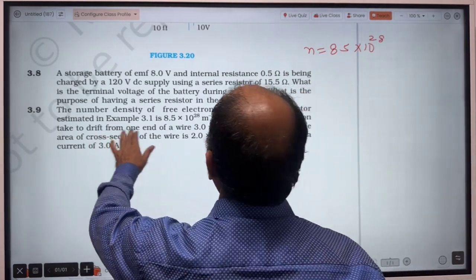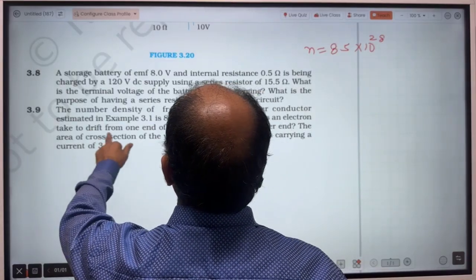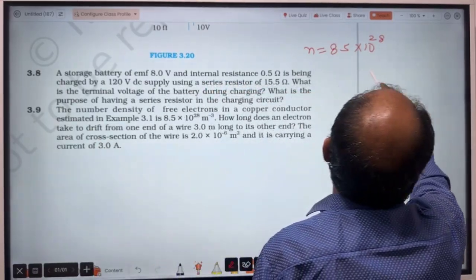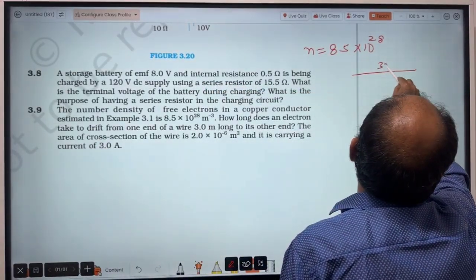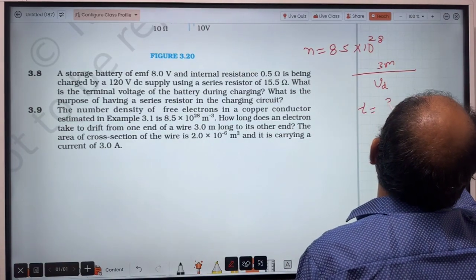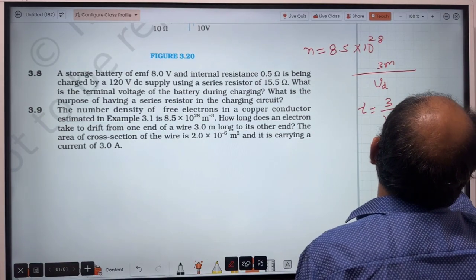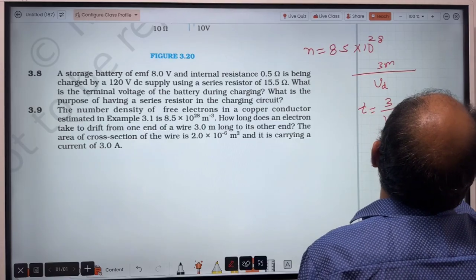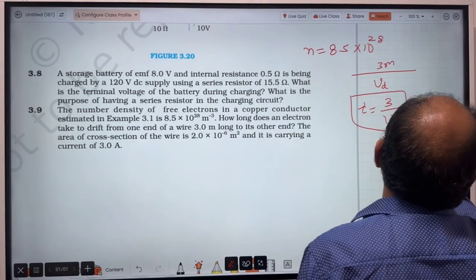And how long does an electron take to drift from one end of a 3 meter wire? If we find the drift velocity, we can get the time, distance upon speed, Vd. So time is to be found. This is our main concern.